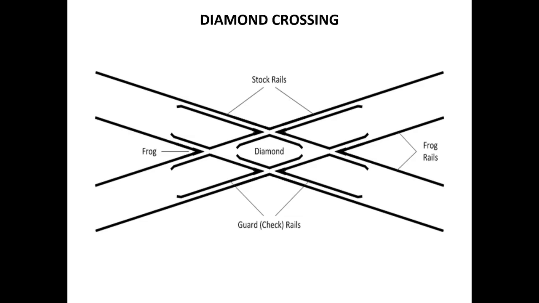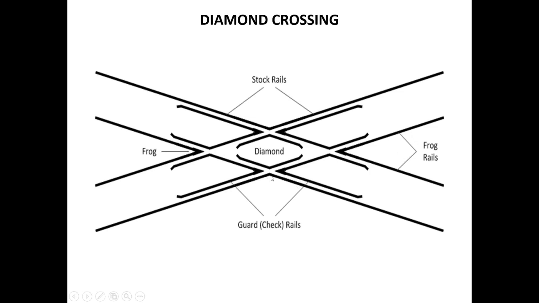Okay. See. Obtuse angle crossing is also called as diamond crossing. Why? See, this diamond is formed. These are the stock rails. These are the guide rails that are check rails. These are the frog rails.